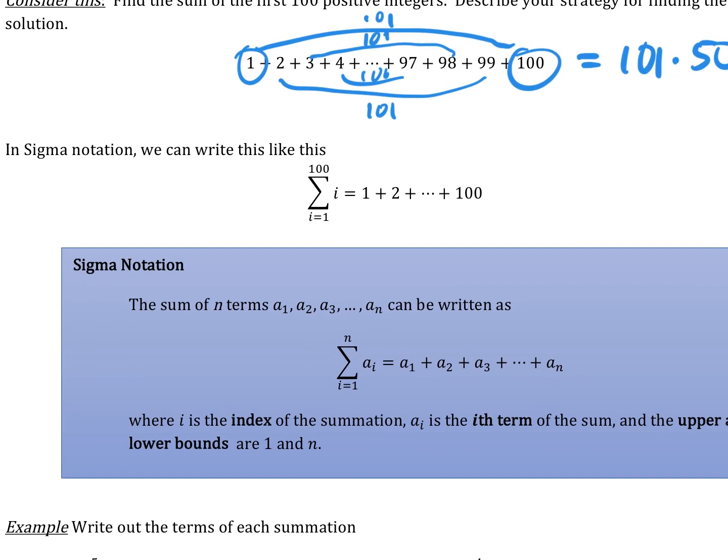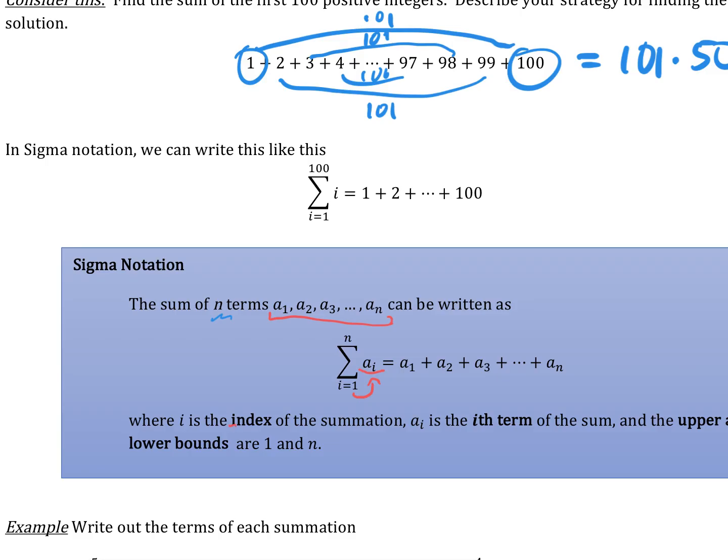So sigma notation works this way. We have n terms. N is the number of terms. N is this upper number here. And those terms we'll call a sub 1, a sub 2, a sub 3, all the way up to a sub n. And each term is defined in some way. We're going to take the number 1 and plug it in wherever there's an i, and that will define our term.